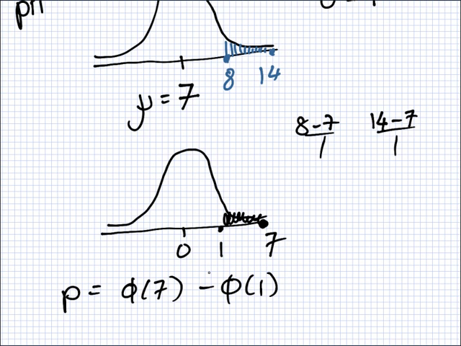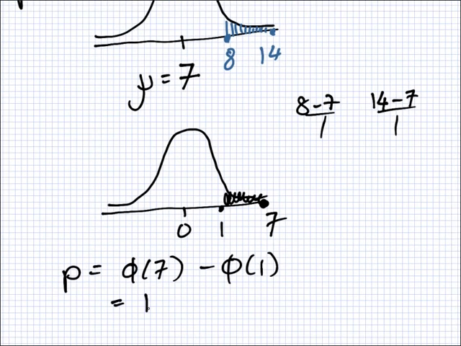So once they get to 3.9, it's always 1. So 7 is 1. Technically, it's just rounding up to 1. So this is 1 minus 0 point, what's this value? It's the same thing as the 8, 0.8413. Okay, so it's about 16%.